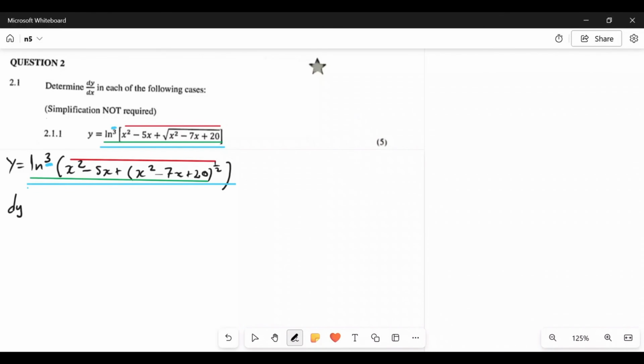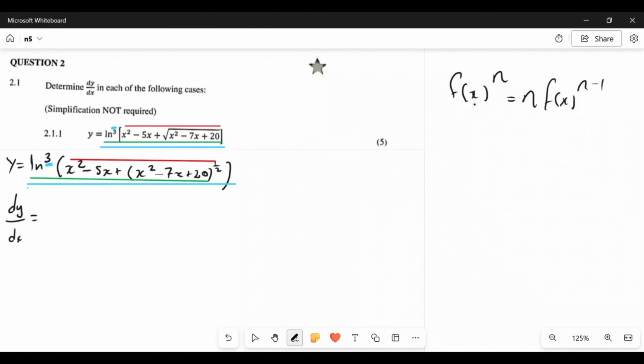dy over dx, right? Now this one is the same as when you have f of x to the power of n, right? When you differentiate this, this is going to give you n f of x to the power of n minus 1. There we go.